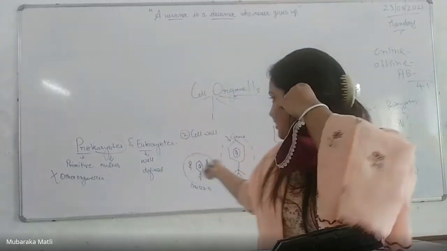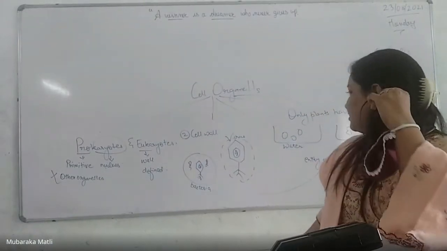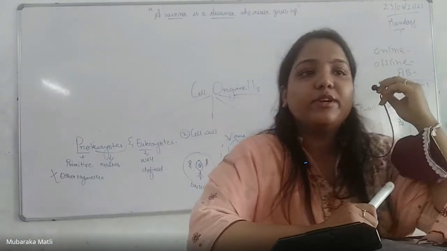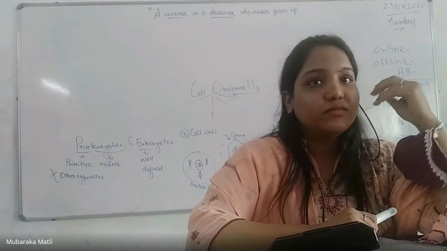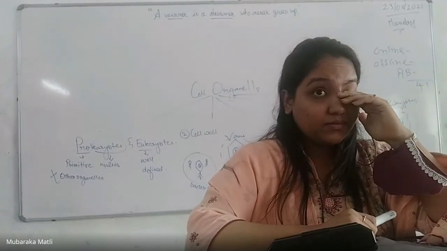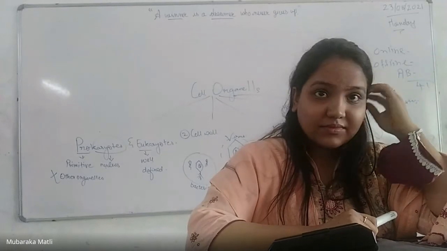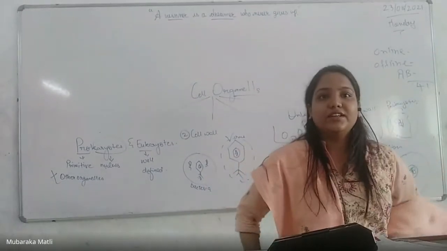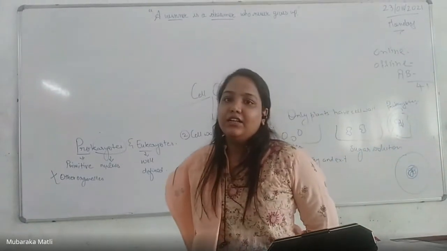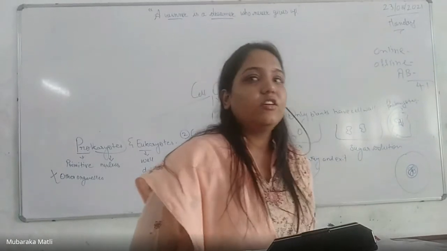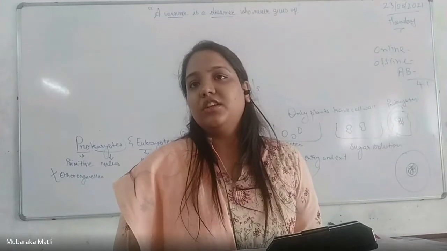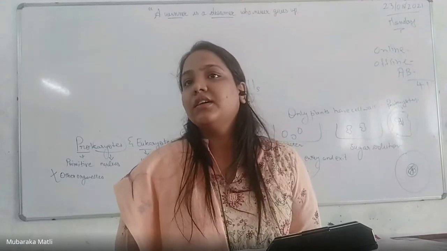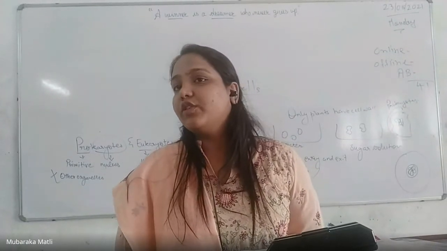Okay. Then what is the difference between prokaryotes and eukaryotes? What is not defined? And other things are also not well defined. What about that? Nucleus is not well defined in eukaryotes or prokaryotes?